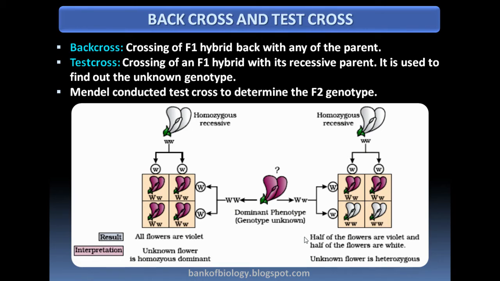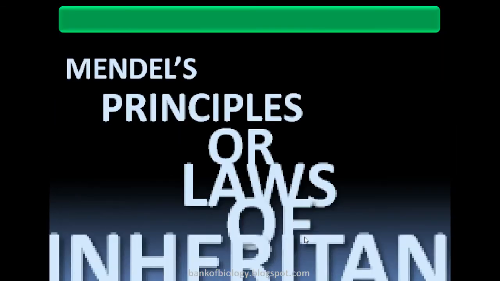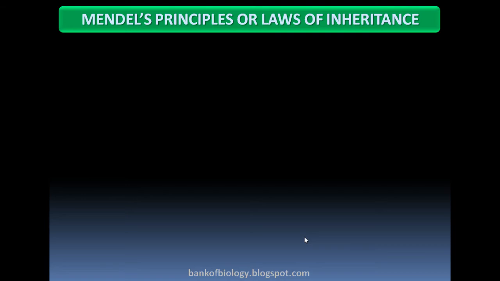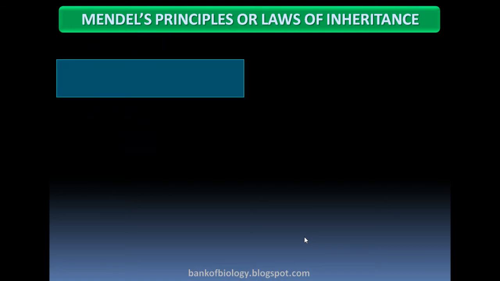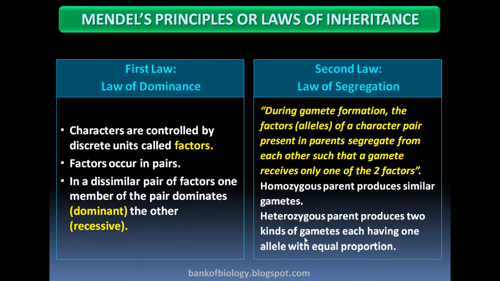Or we can say we cross the hybrid with the recessive parent. And Mendel conducted test cross to determine the genotypes of the F2 generation. That is why we got 1:2:1. That was the result of test cross.